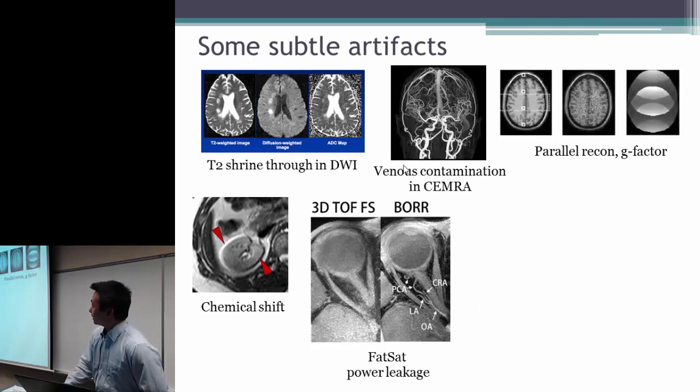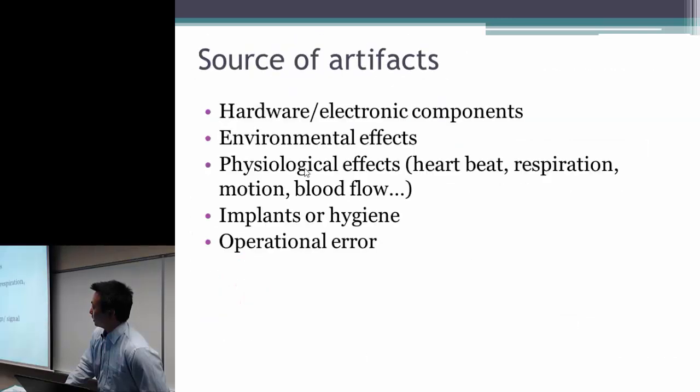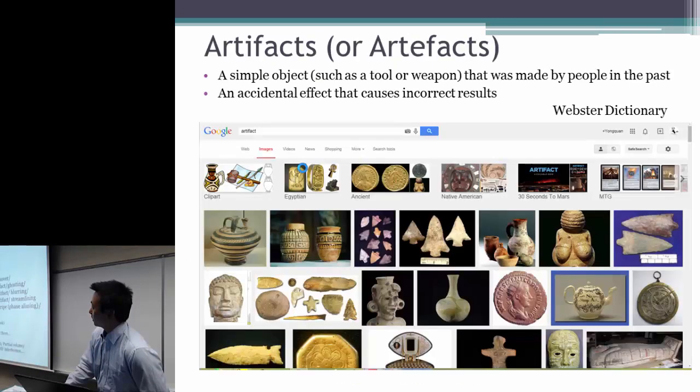Okay, here are some more subtle artifacts. Here is the T2 shine-through effect in diffusion weighted imaging. If you remember the diffusion weighted image, let me go back and take a quick look.